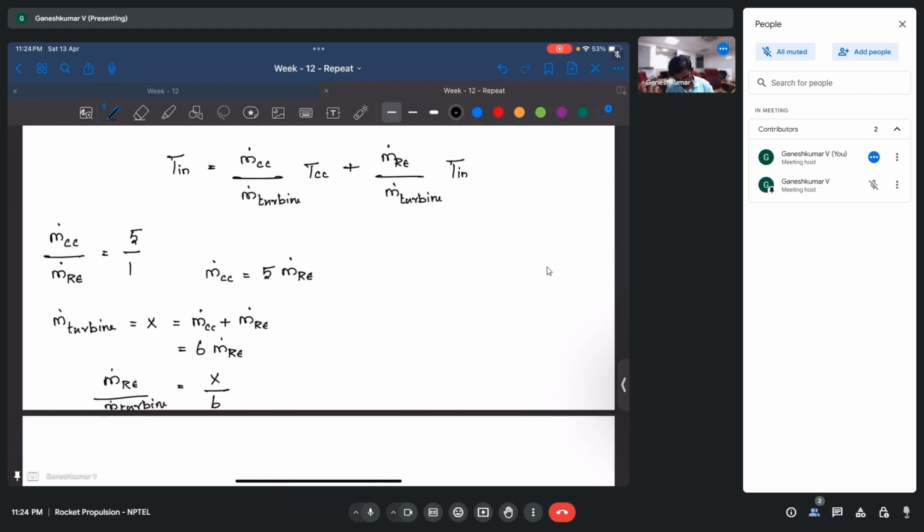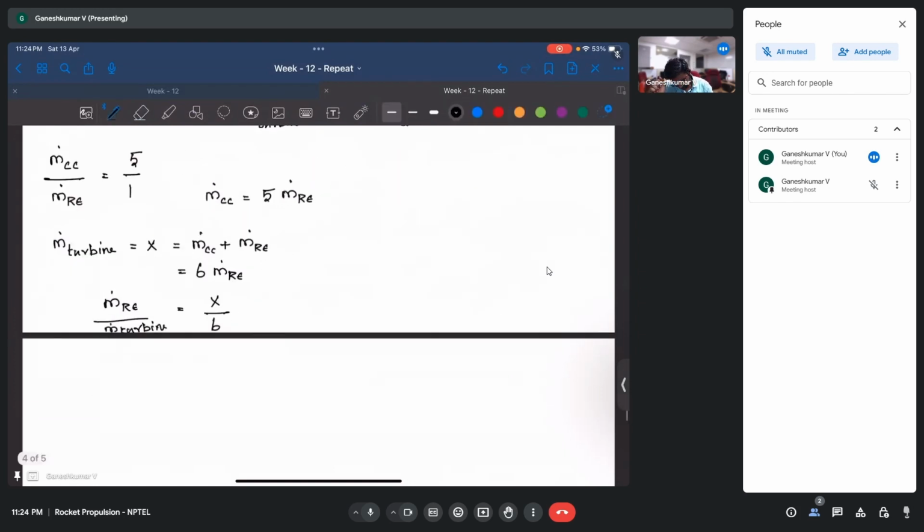If you consider that, then 1/6 of it is coming from the reactor exit, and 5/6 is coming from the m dot cc. So this m dot turbine is still unknown, so basically we took the x to be on the other side, so this is going to give you 1/6. Okay, let me write it down again.